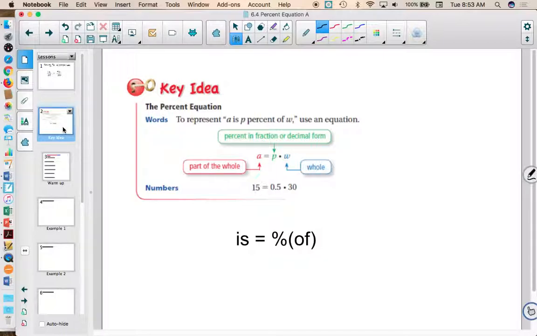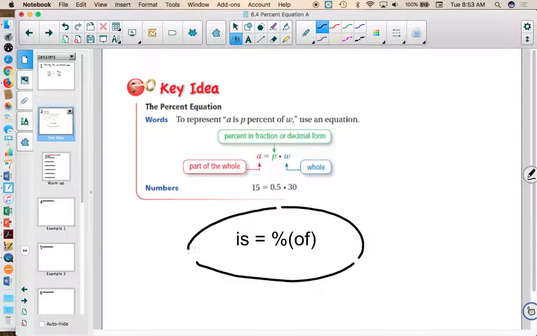This is the key to being able to set up your equation. We're still using the is and the of and the percent, but we've just taken out that percent over 100.